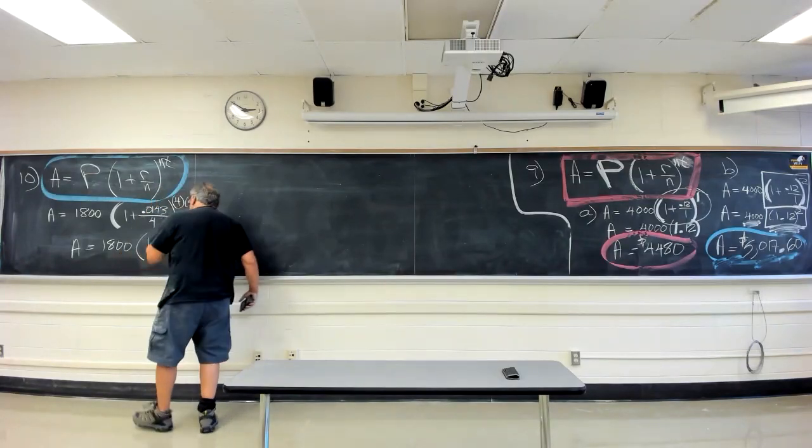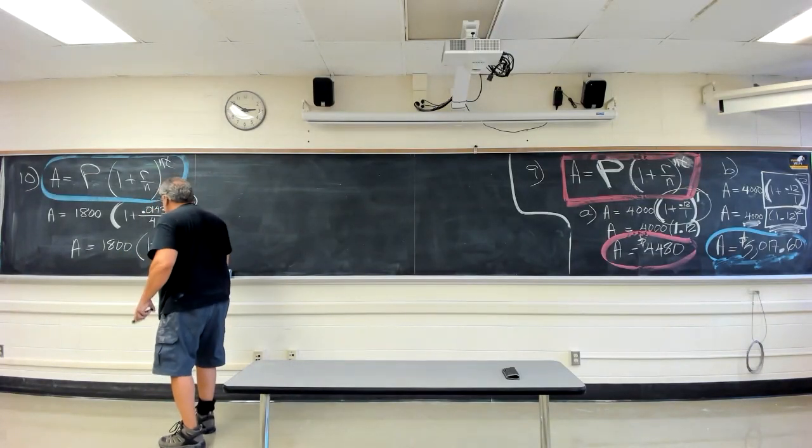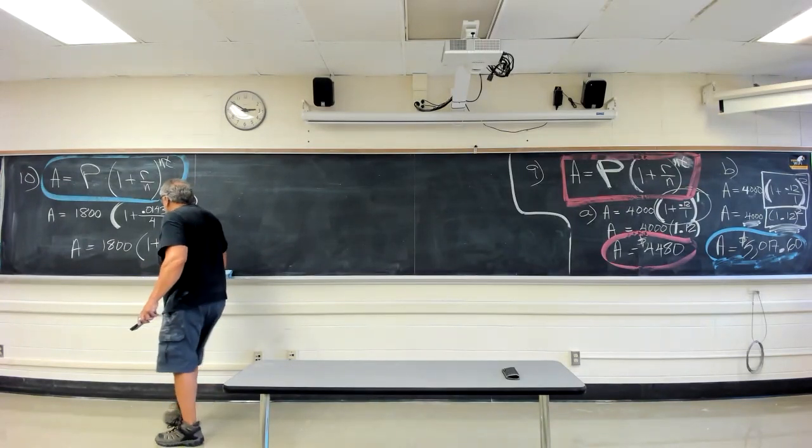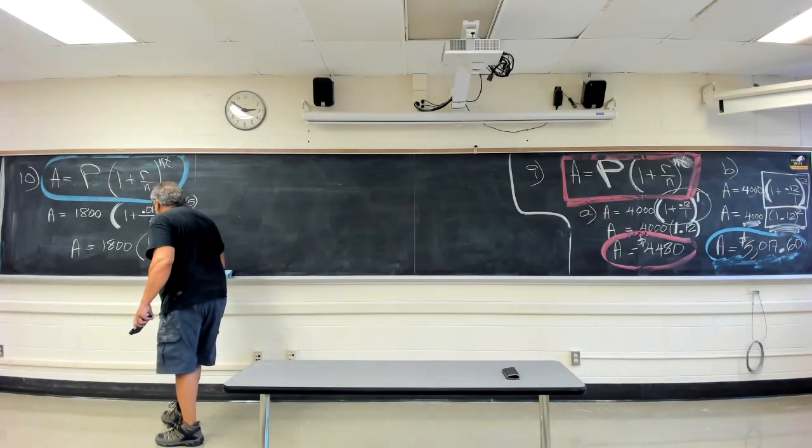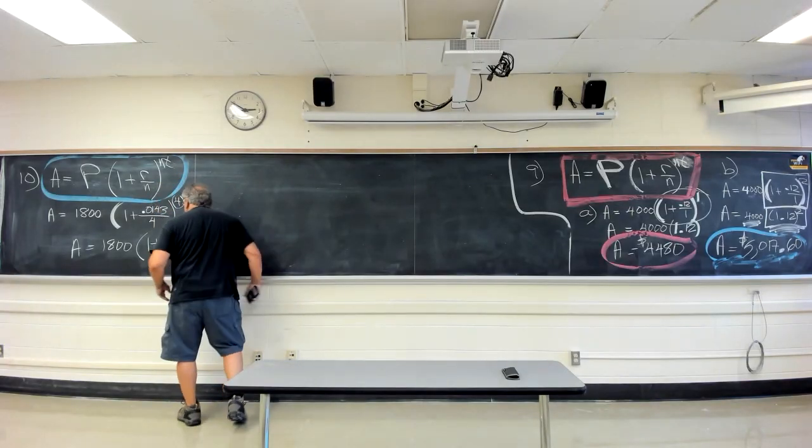But this is 17 smaller than that, so divide that by 4, it's going to be 4.25. 4.25 taken away from 160 is 155.75.